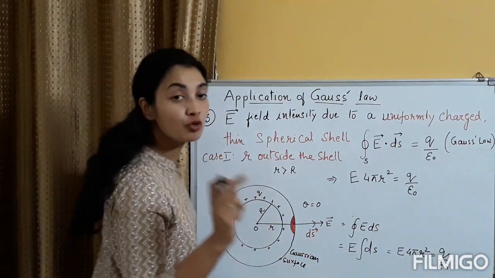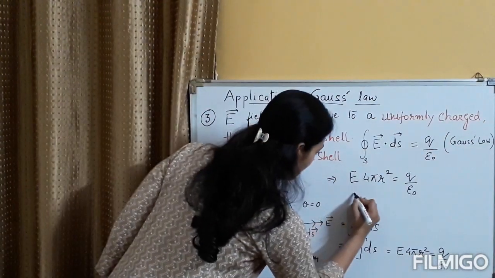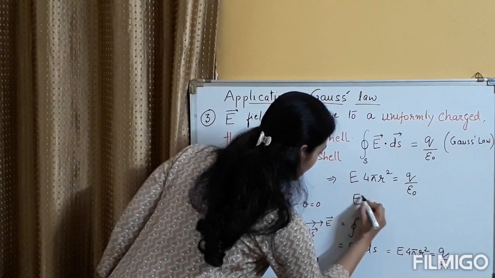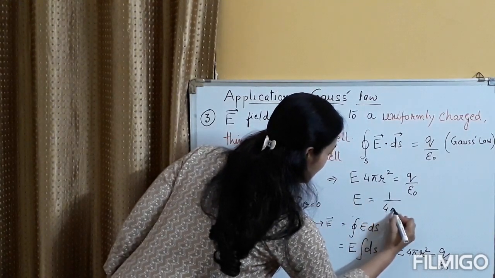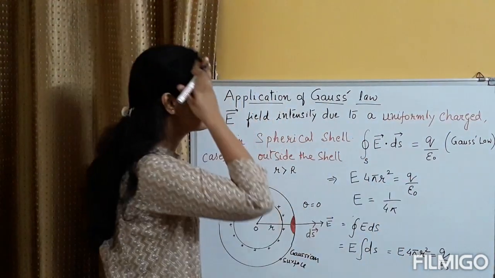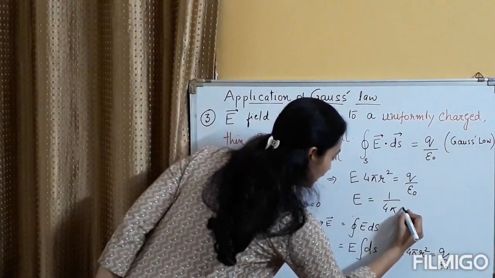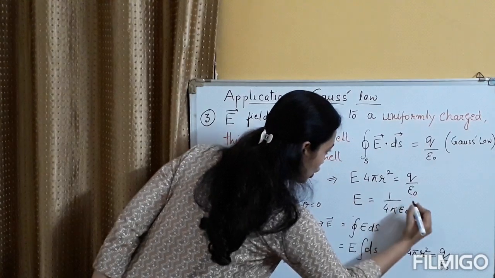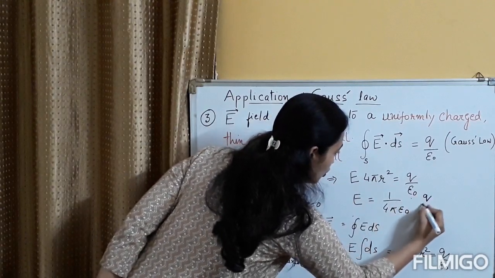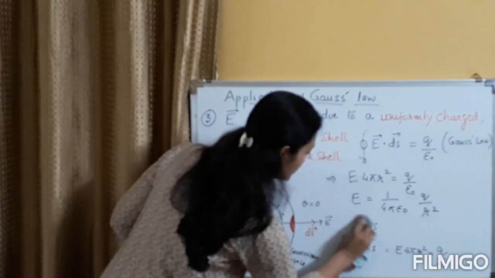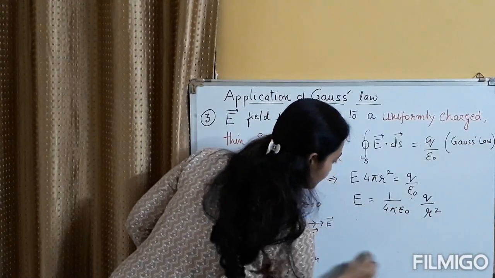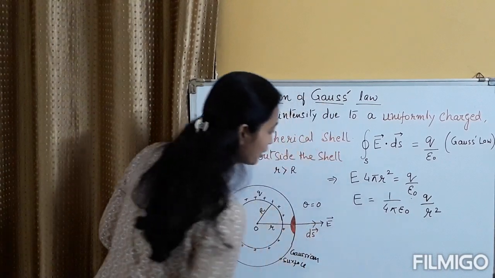What am I supposed to find out? Electric field. So I'll keep the electric field on the left side, taking the rest of the terms to the right side and rearranging, I get E equals 1 by 4 pi epsilon naught into q upon r square. This is the scalar form of the expression for electric field.